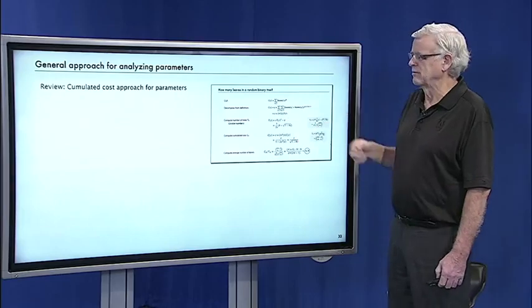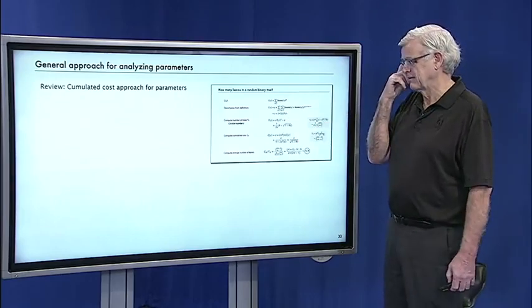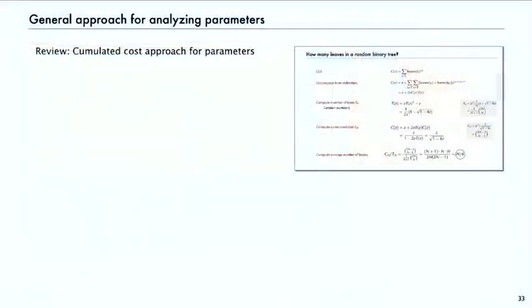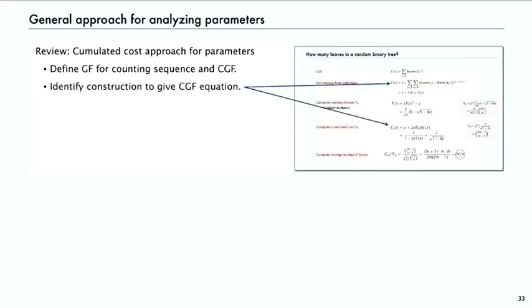We talked about leaves in random binary trees last time. So we're going to use the cumulated cost approach because we can use the symbolic method in a very straightforward manner. Recall that we're going to define generating functions for the counting sequence and for the accumulated cost.